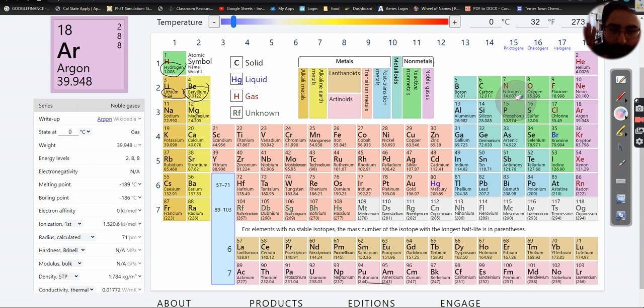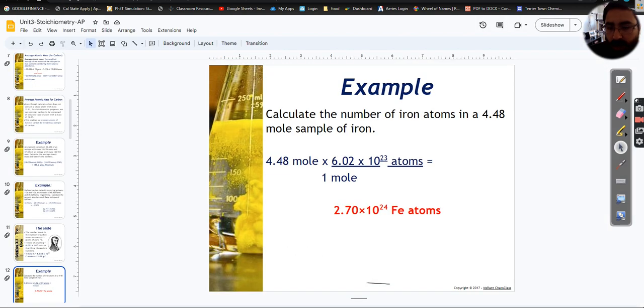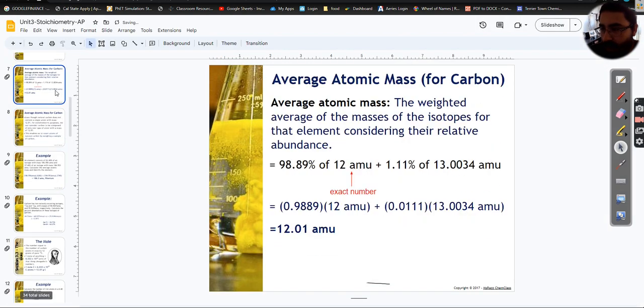So since they all have that fundamental definition, it makes it easy to compare. All right, and that's the real importance of stoichiometry, and it's how we use it.